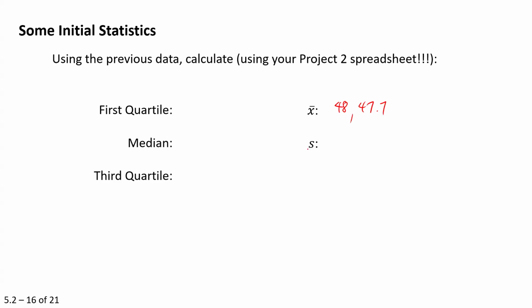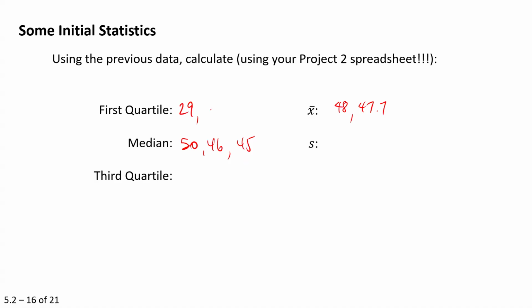Sounds good. I got 50 for median. 50 for a median. Lucy, what'd you get? 46. How about Utah for the median? 45. Interesting.